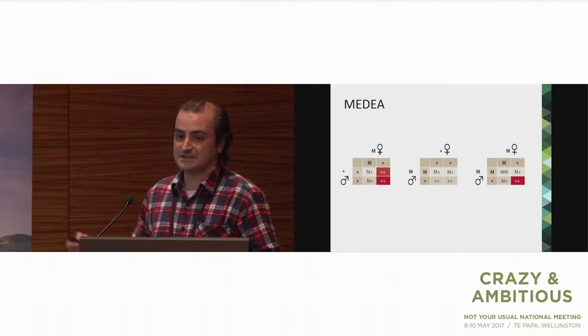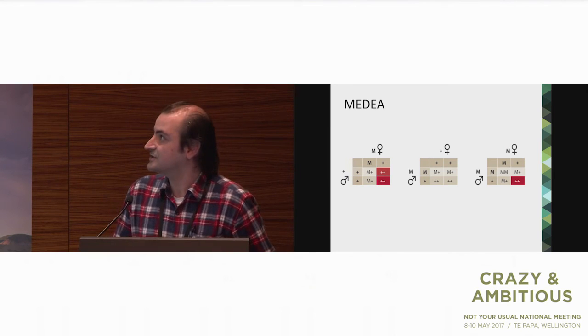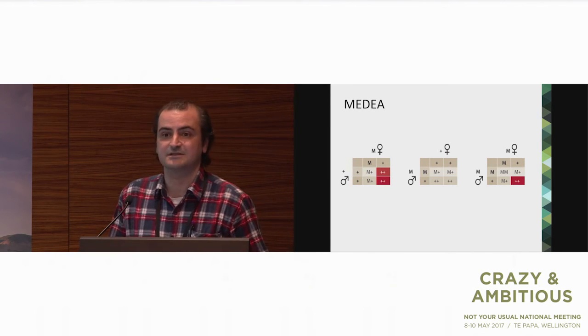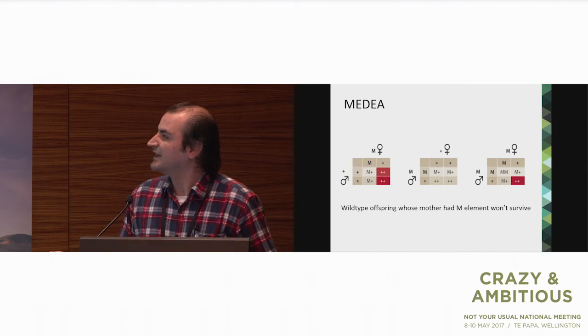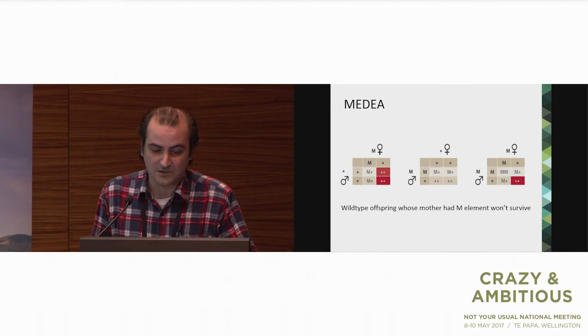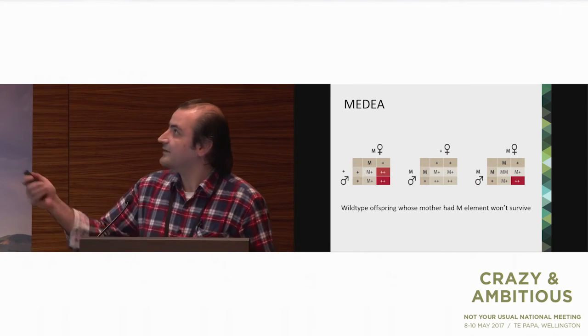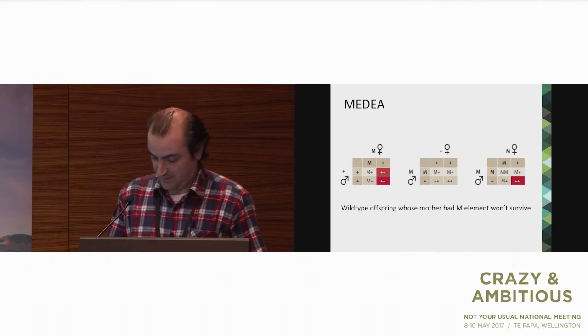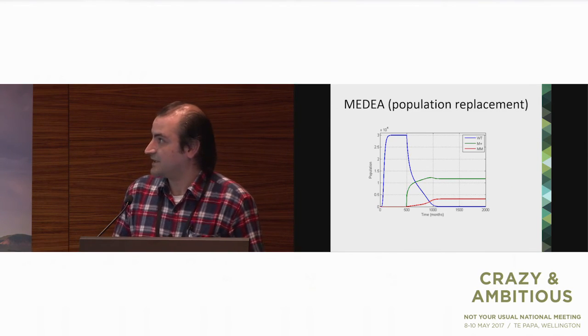Now, this is not designed to collapse the population. This is more a replacement strategy, a population replacement strategy. That's basically in a nutshell what happens. Wild type offspring whose mother had the M element won't survive. So all the wild types whose mother is M will die. And that's what happens.